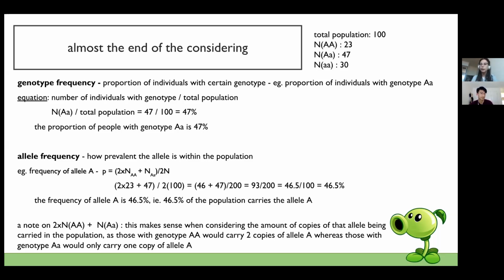So the total number of alleles within the population is twice the number of individuals. If you plug these numbers into the equation, you'll find that the frequency of the big A allele in the population is going to be 46%.